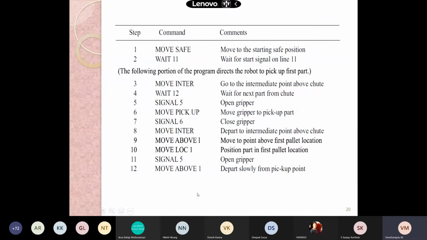There are 12 different lines given, and again we will revisit these 12. What you have to write are these three: wait 1 1, signal 5, and signal 6. Wait 1 1 is used to wait for start signals. It has to wait for getting the signals, and signal 5 would be open gripper, and signal 6 would be close gripper.